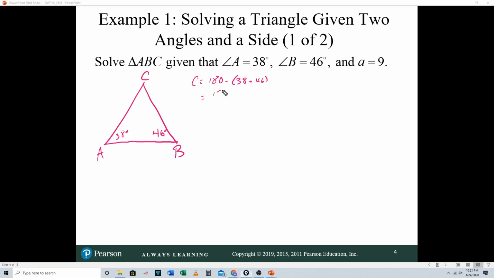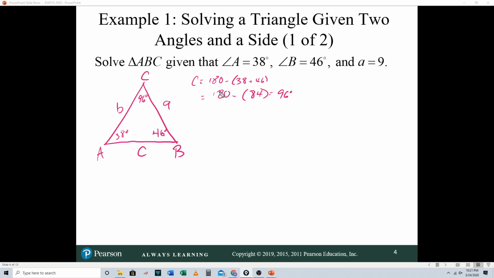So C is equal to 180 minus 84, which is 96 degrees. And I'm given side A over here. The side that's opposite of angle A is side A, so this is 9. This is B because it's opposite angle B, and this is C because it's opposite angle C.